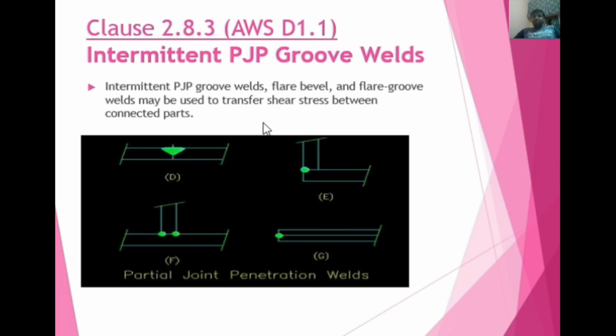Intermittent PJP groove welds, flare bevel and flare groove welds may be used to transfer shear stress between connected parts. So we can use intermittent PJP groove welds, but there are certain limitations. When there are connected parts and we have to transfer shear stress, that time we need intermittent PJP groove welds.